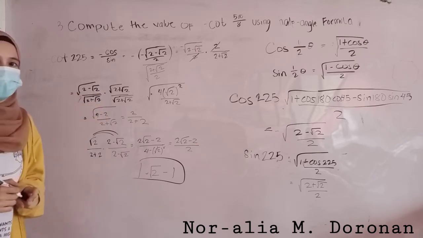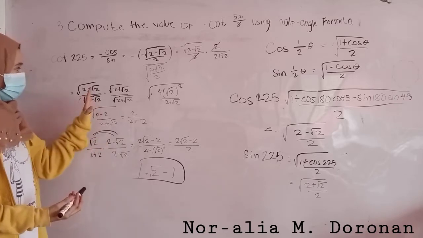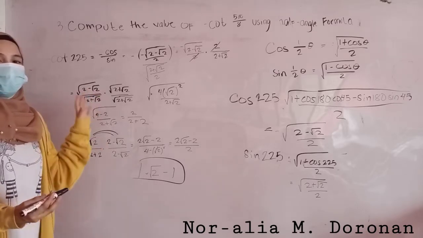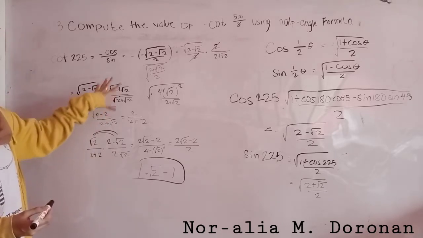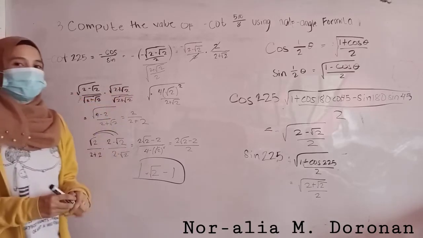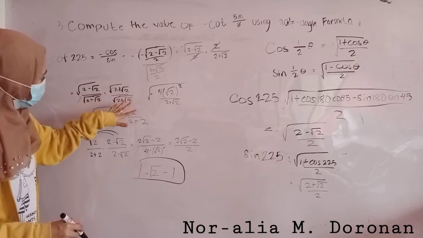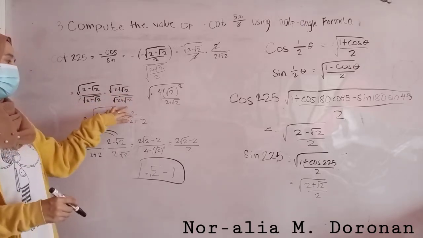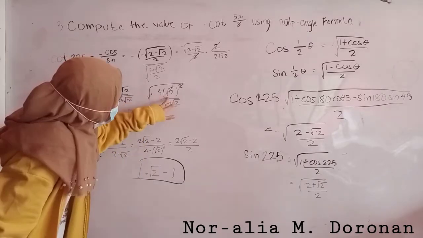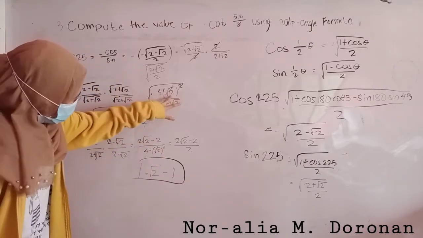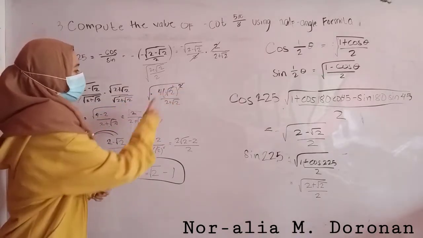When there is a square root in the denominator, we need to rationalize. So square root of 2 plus square root of 2 over square root of 2 plus square root of 2 equals square root of 2 over 2 plus square root of 2.